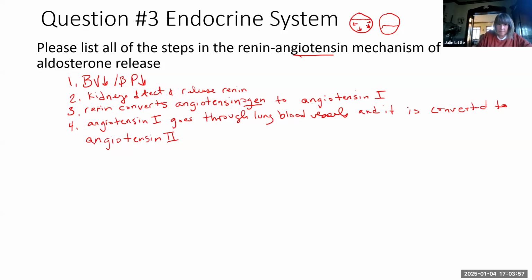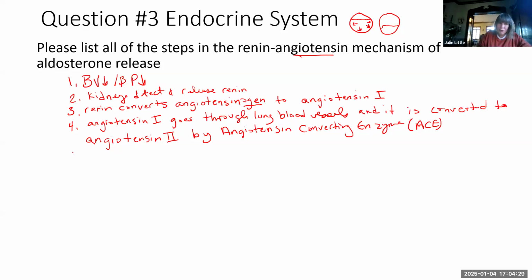Through an enzyme. Angiotensin 1 goes to the lung blood vessels and is converted to angiotensin 2 by this specific enzyme. It's called angiotensin converting enzyme. Imagine that. Nice name, because then we can just take it down to ACE. Write it out once. Okay, so that angiotensin converting enzyme converts angiotensin 1 to angiotensin 2.